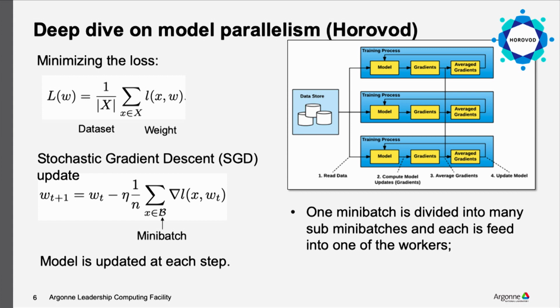And then at the end of each step, they aggregate the loss and gradients together so that we can have the total gradient associated with the global mini batch. Then we propose the update, and this update will update the models on each worker. So the models are always in sync, but all the workers are dealing with different data. This is the essential idea of data parallelization.